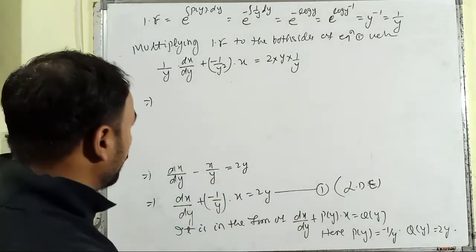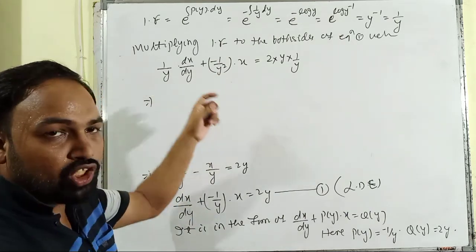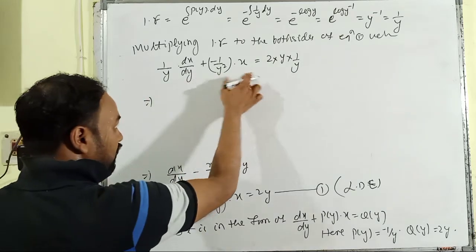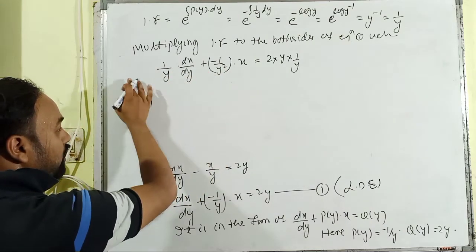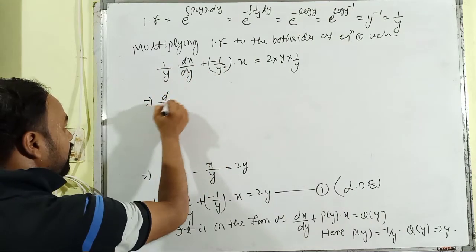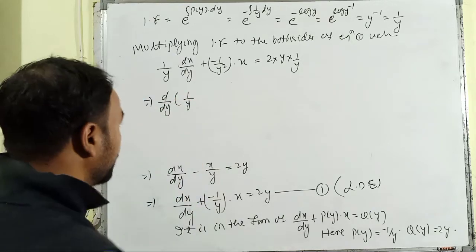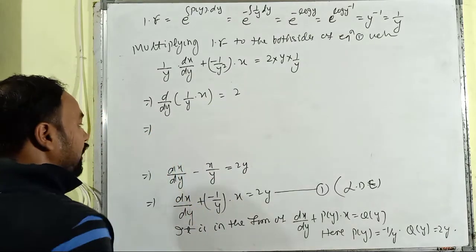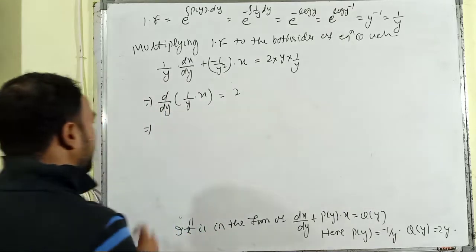Then we have to convert the left hand side into a suitable form by using the differentiation of a product of two functions. Just taking the d/dy towards the left hand side, the shortcut trick is here, it is not a formal procedure, and it will be 2. Then we have to integrate both sides.